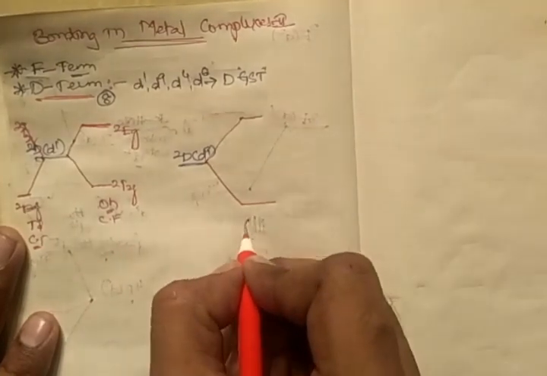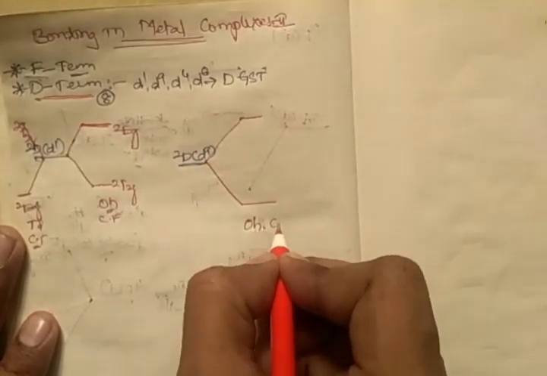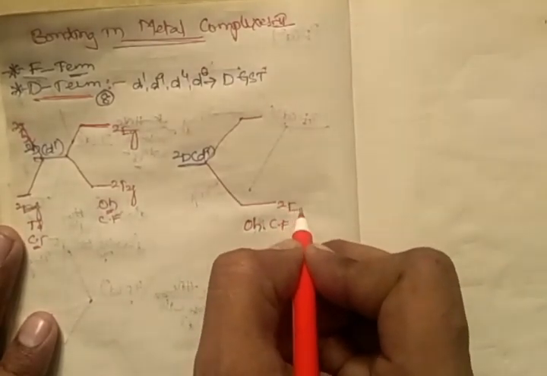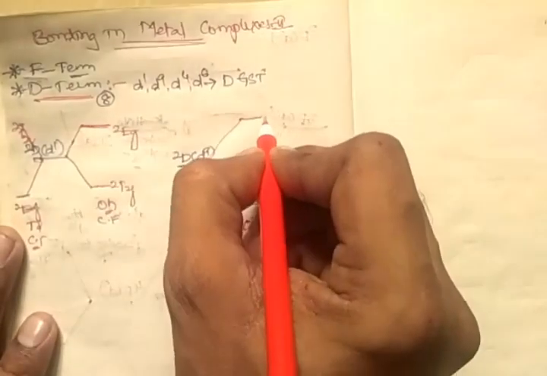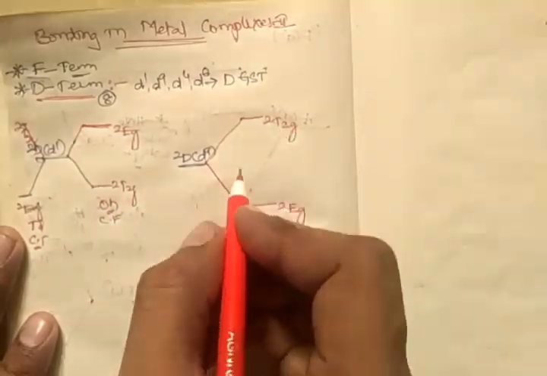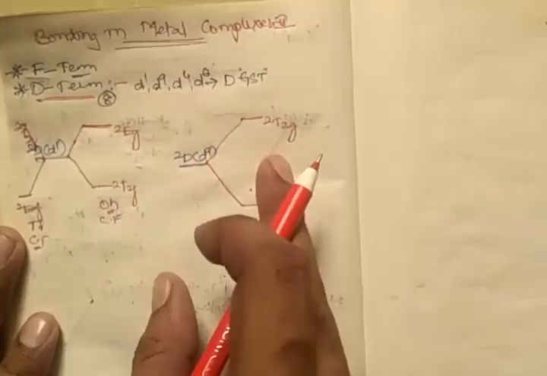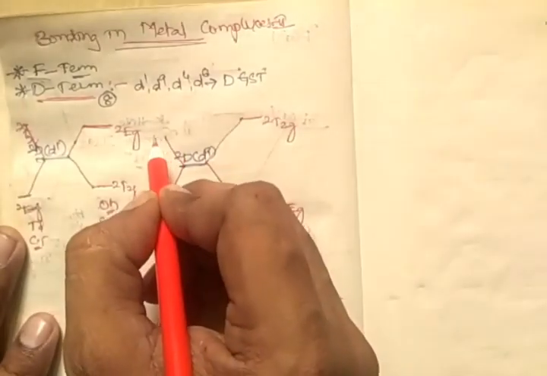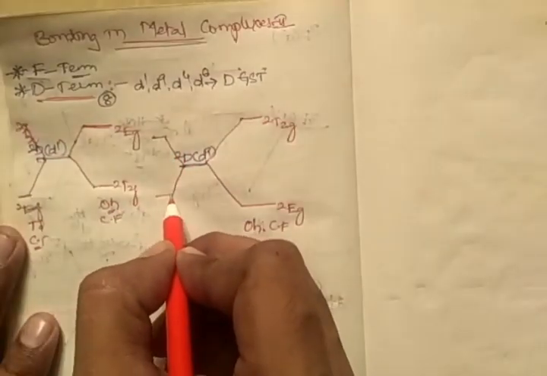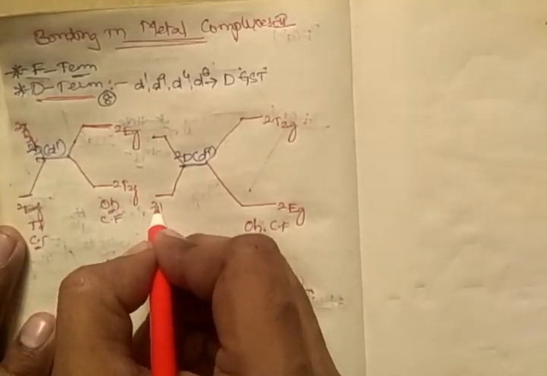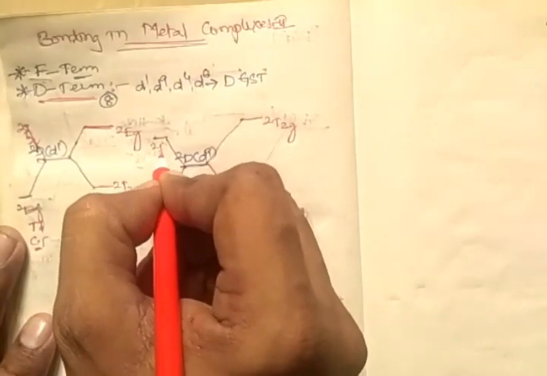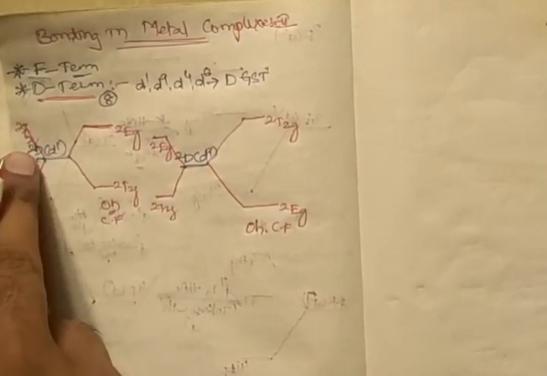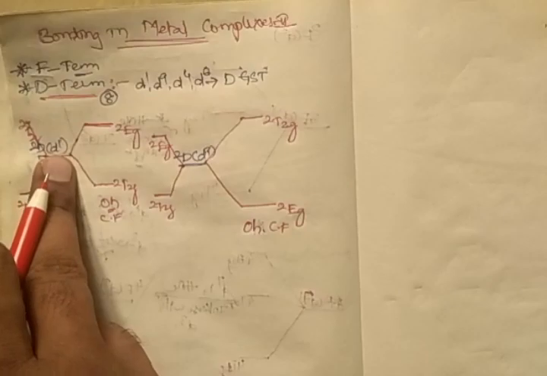So in the octahedral crystal field, the lower energy state will be 2Eg and the higher energy state will be 2T2g, as it is the reverse. In tetrahedral, the lower energy state will be 2T2 and the higher energy state will be 2E, reversed from the tetrahedral splitting pattern of 2D of the d1 configuration.